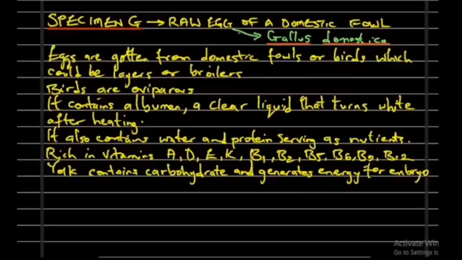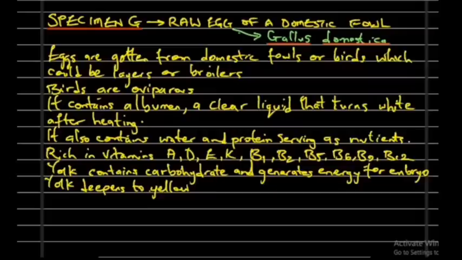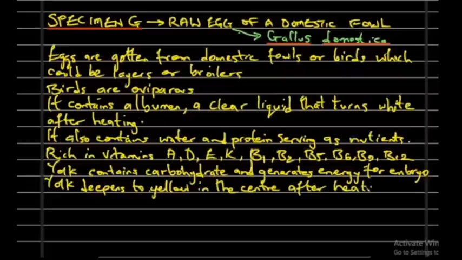The yolk deepens to a yellow color at the center after heat has been applied to it. So the color changes to yellow.